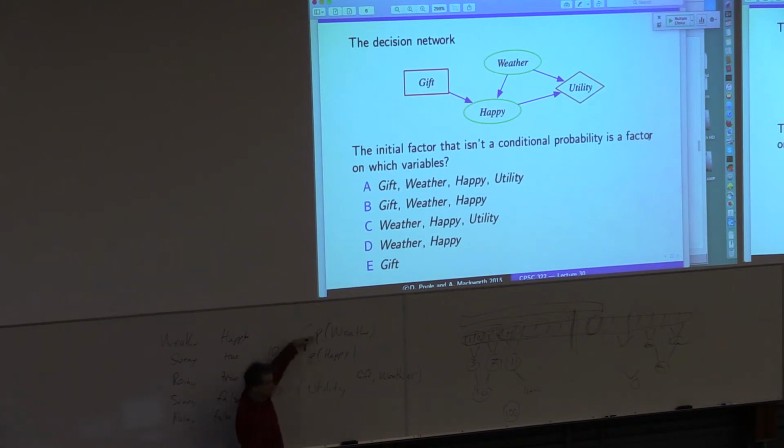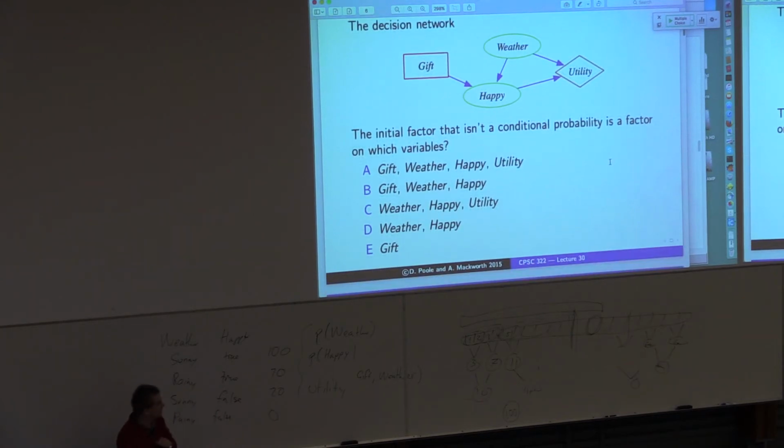There are probabilities and there are utilities. There's one utility. I'm providing it as part of the model. I have to provide this, this, and this. Any other questions? So the three factors I have to provide.